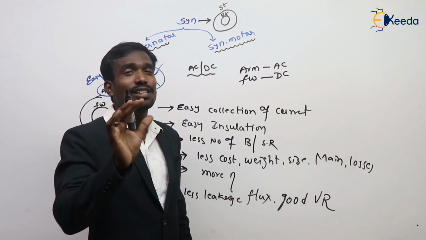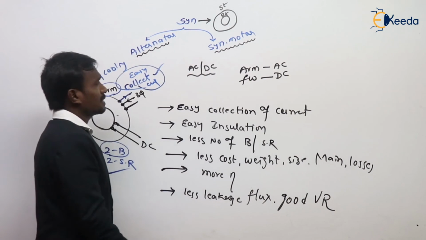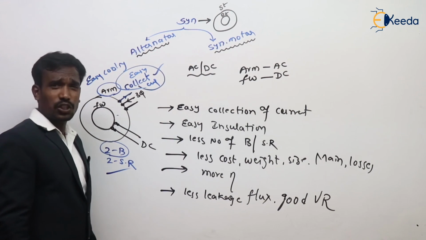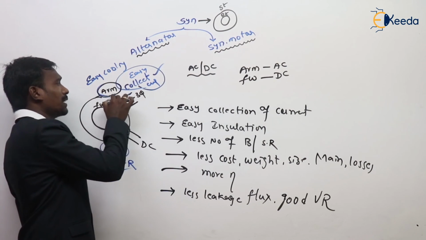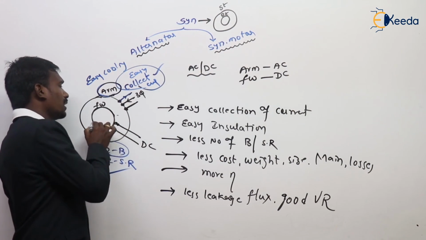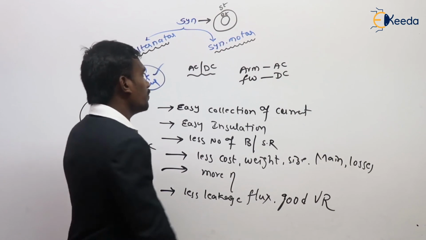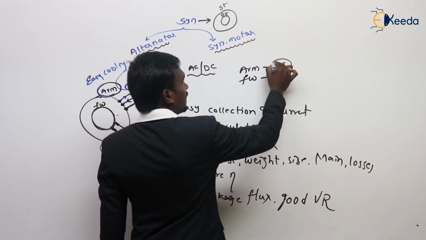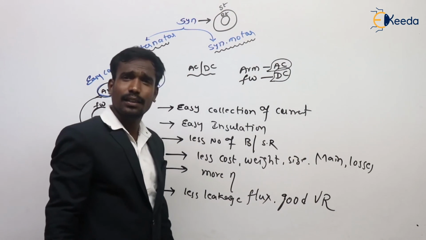Now let's see about the synchronous machine. In a synchronous machine, the armature winding should be placed on the stator and the field winding on the rotor. My armature winding carries the AC supply and my field winding carries the DC supply.